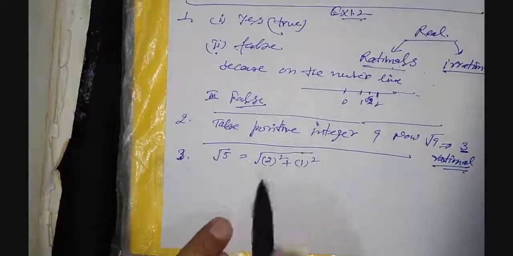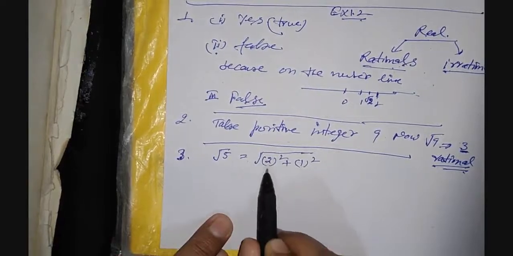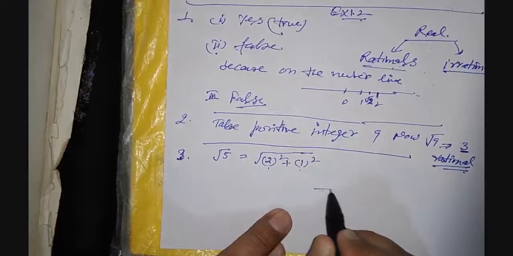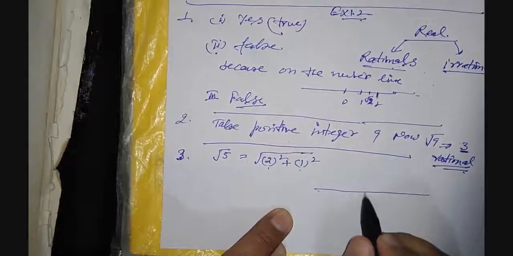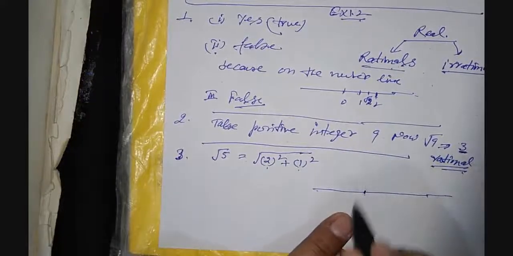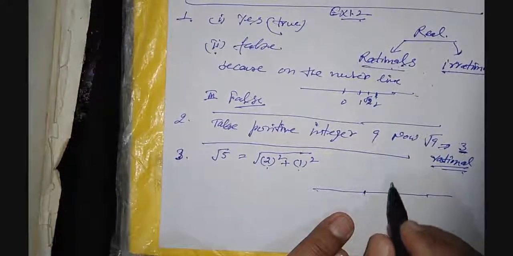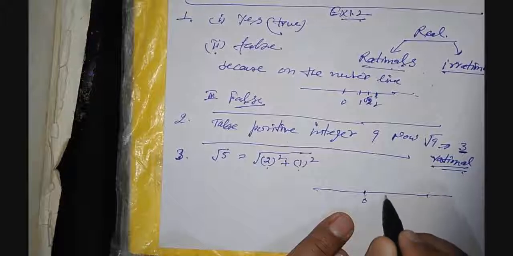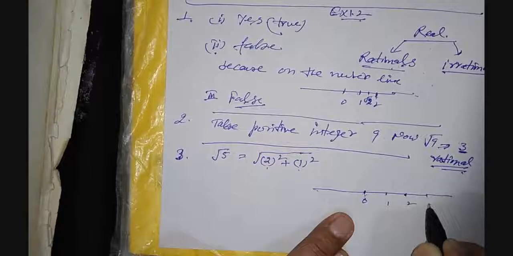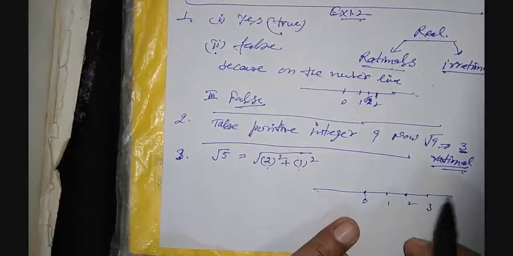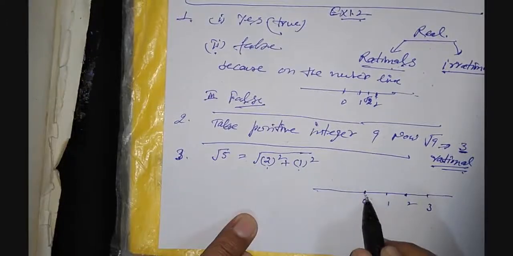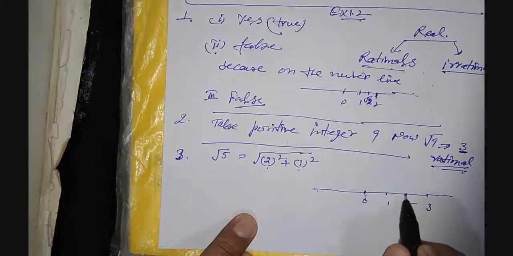I will use free hand to make the representation, because we have discussed it earlier. Now this is the origin, this is 1, this is 2, this is 3, keeping a distance of 1 unit, that is equal. And now take 2 units, 2 units means this and this.